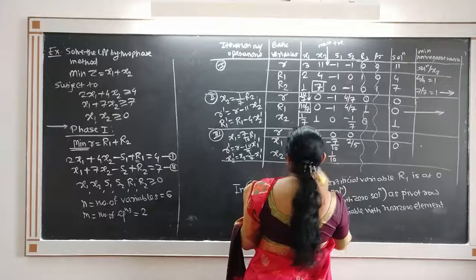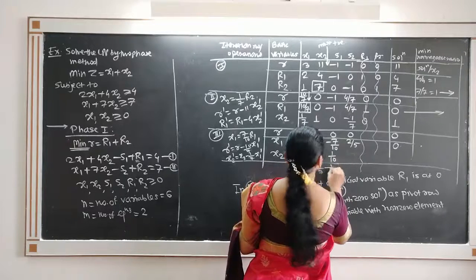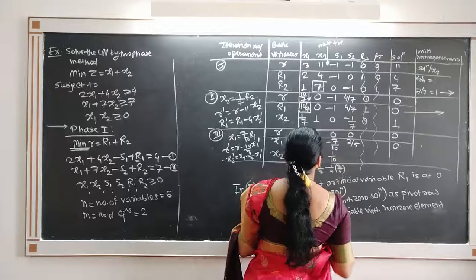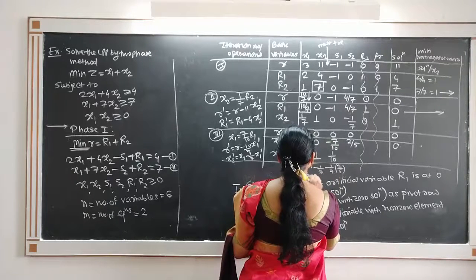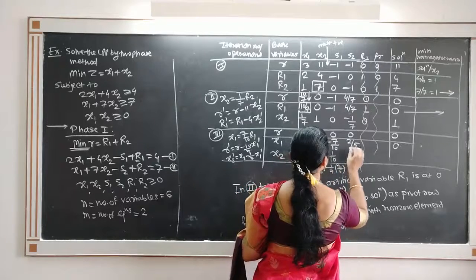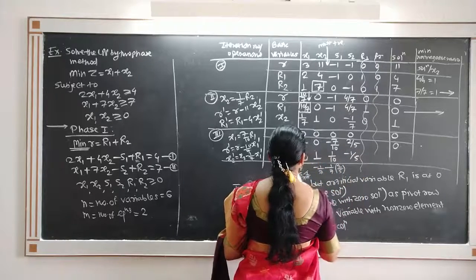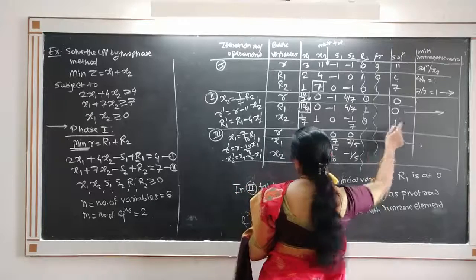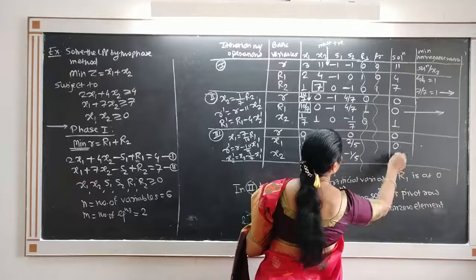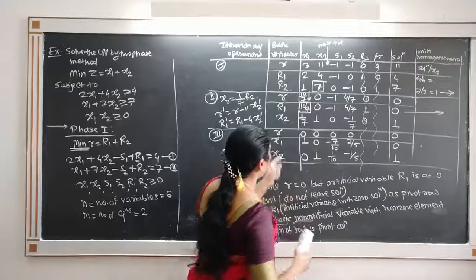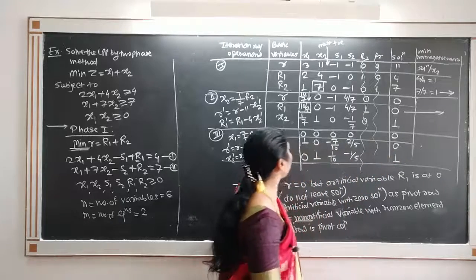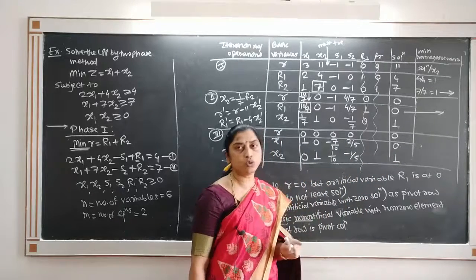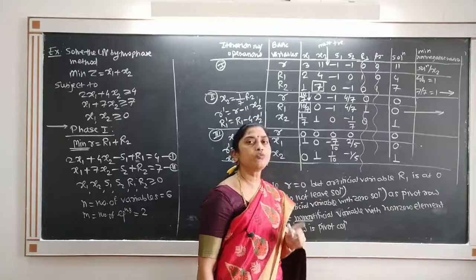Then minus 1 by 7 times 2 by 5 becomes minus 1 by 5. And lastly 1 minus 0 is again 1. Now observe that R is also 0 and all artificial variables have left the solution. So we can proceed to phase 2.